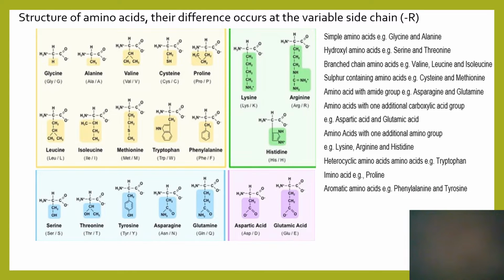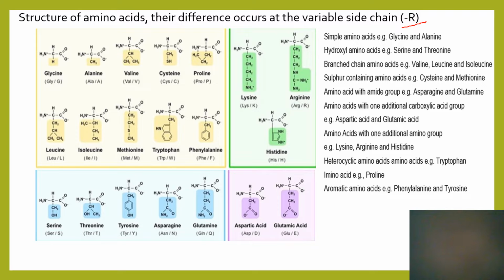These are the structures of amino acids, as I have said already. Their differences are in the variable side chain or the R group. Therefore, here we can identify each of these amino acids based on their difference.